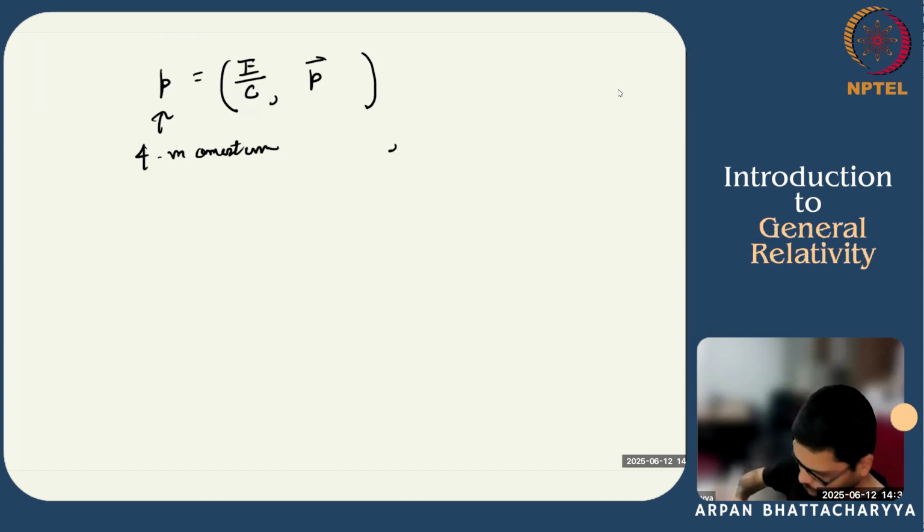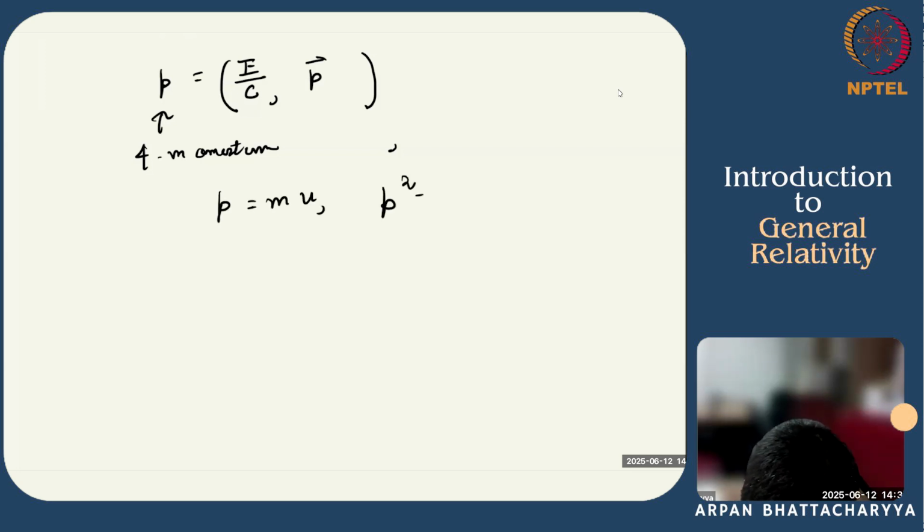And for this point particle, as usual, you can write p equal to m times u. So p square equals m square u square. And hence, what should we get?